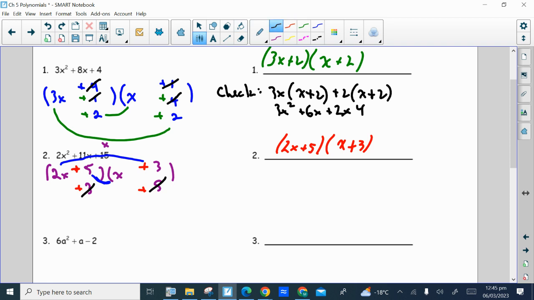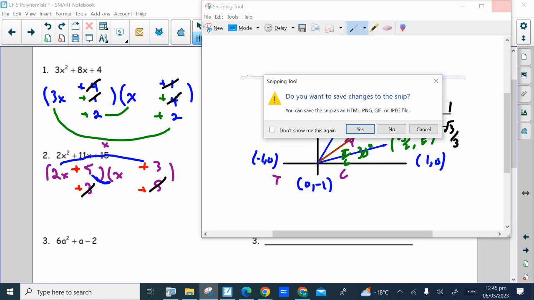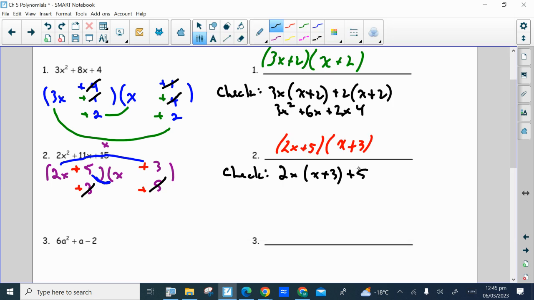And we can check to make sure that they work using the distributive property. We always do our check.